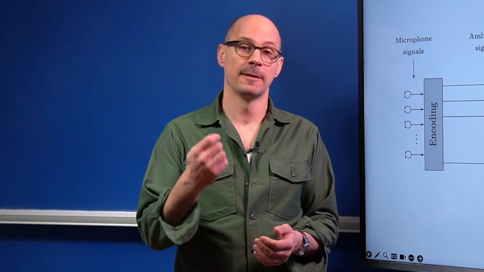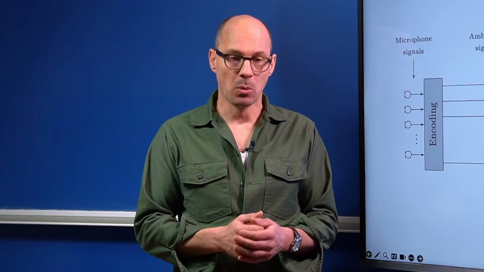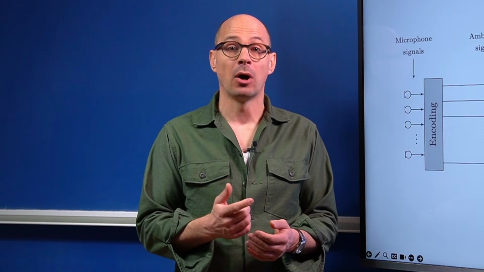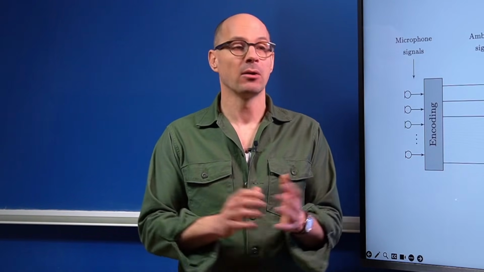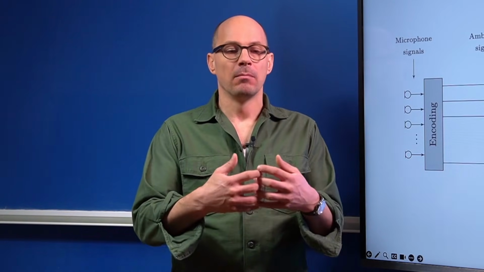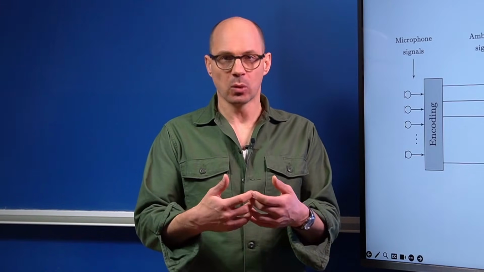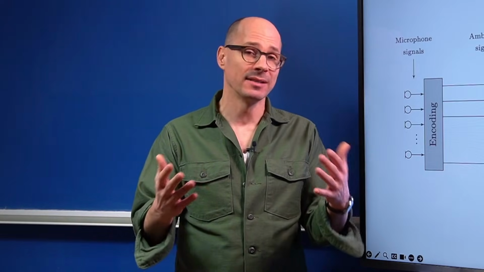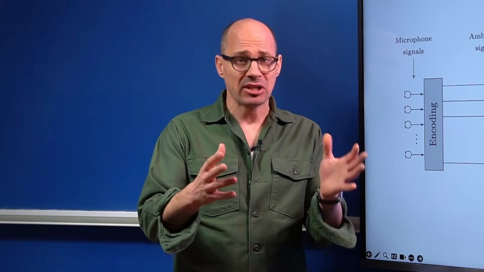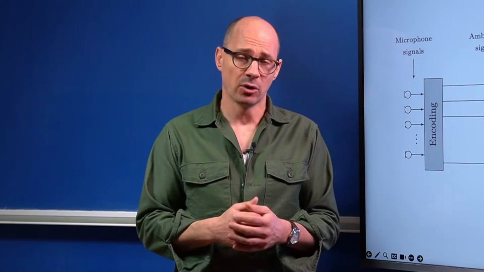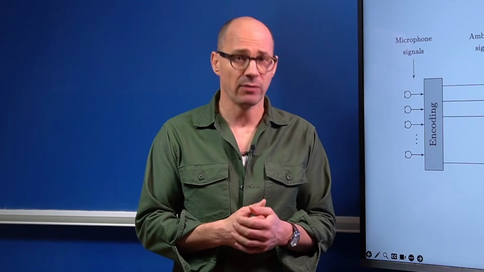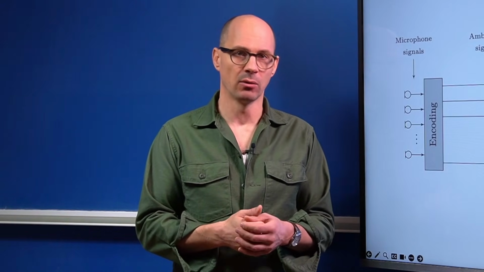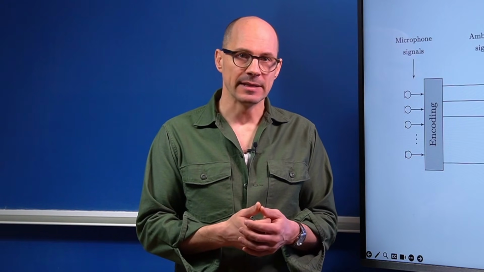I will discuss this matter in more detail in the video on decoding. Here I only want to add that applications that require an ambisonic order of higher than, say, 7 are typically niche applications with very specific requirements. So in practice, it will be very rare that you will want to use an order of higher than 7.